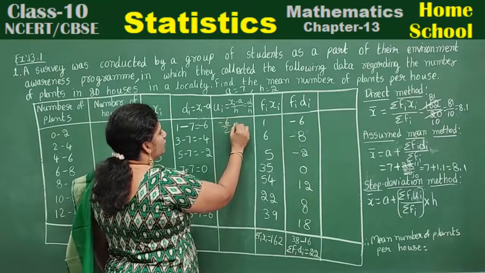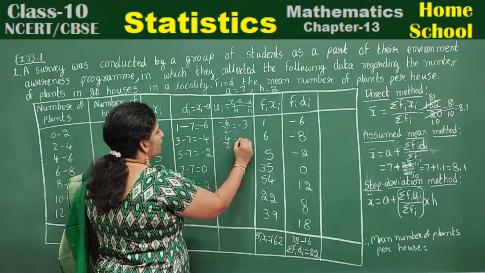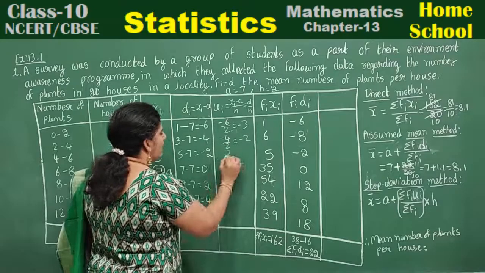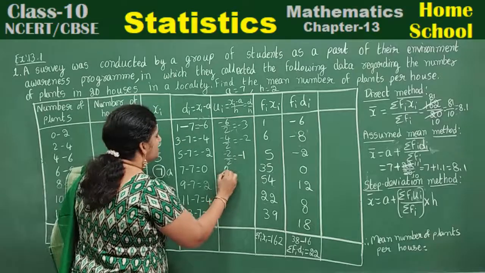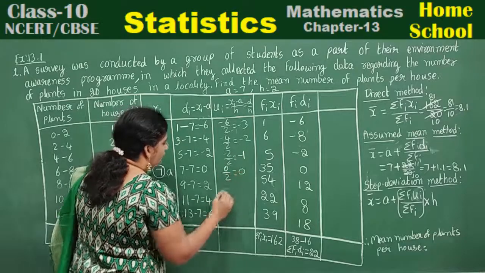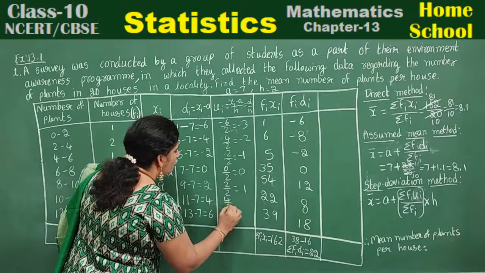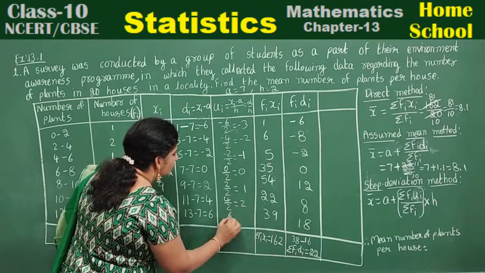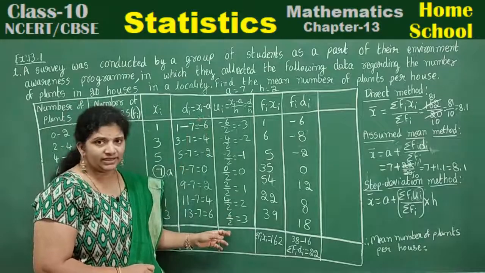Minus 6 by 2, minus 3. Minus 4 by 2, minus 2. Minus 2 by 2, minus 1. 0 by 2, 0. 2 by 2, 1. 4 by 2, 2. 6 by 2, 3. Ui column is completed now.